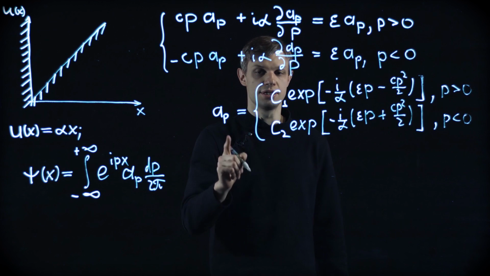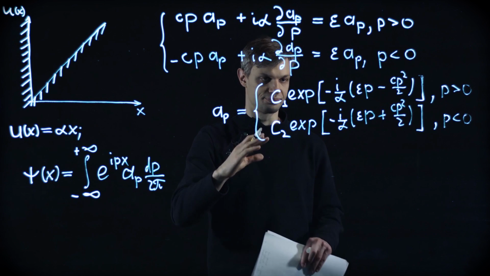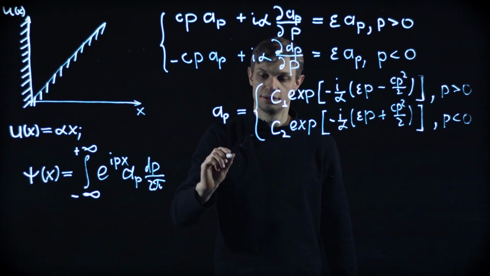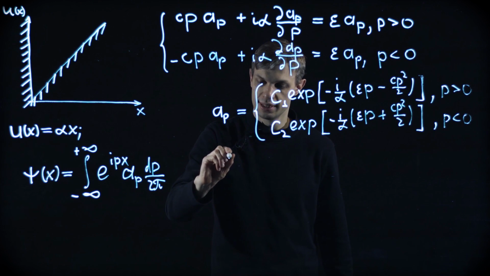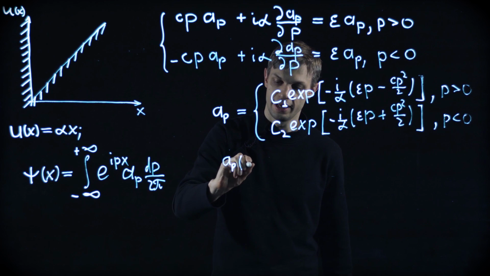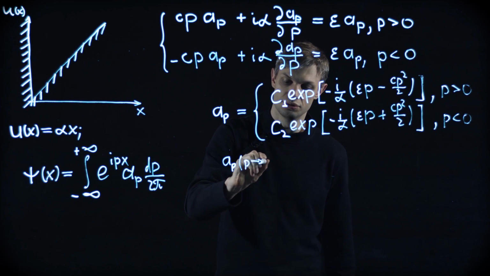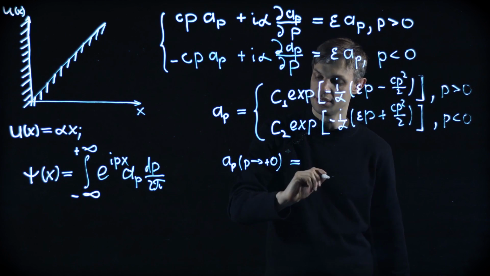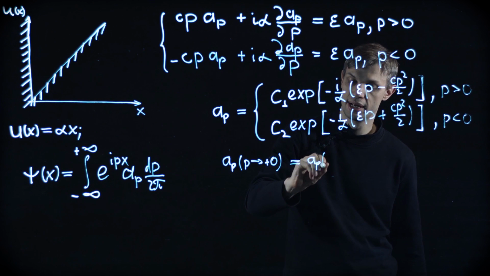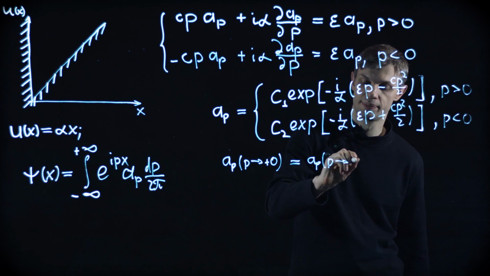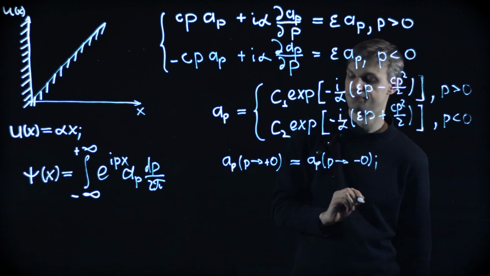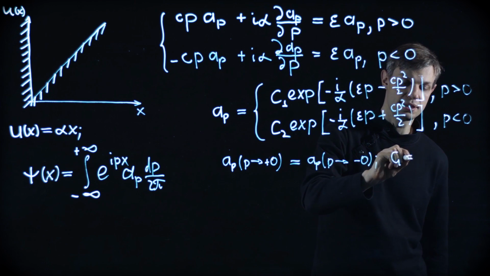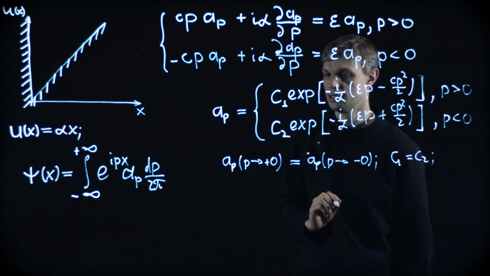That means it can't have these drops of values. So A(p) at p tending to plus 0 is equal to A(p) at p tending to minus 0. And that means that c1 is equal to c2.